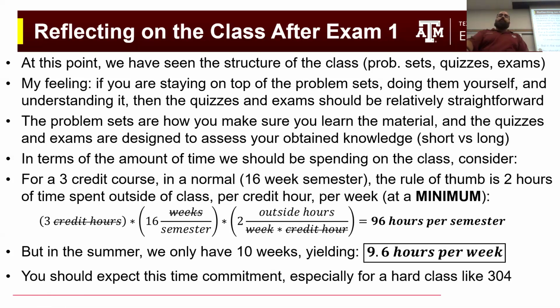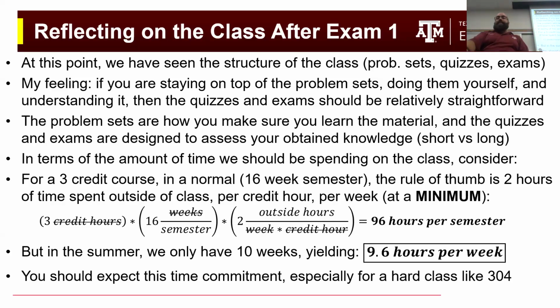So for a 3 credit hour class like this one, over 16 weeks, that works out to about 96 hours for the entire semester, but we're only in 10 weeks.